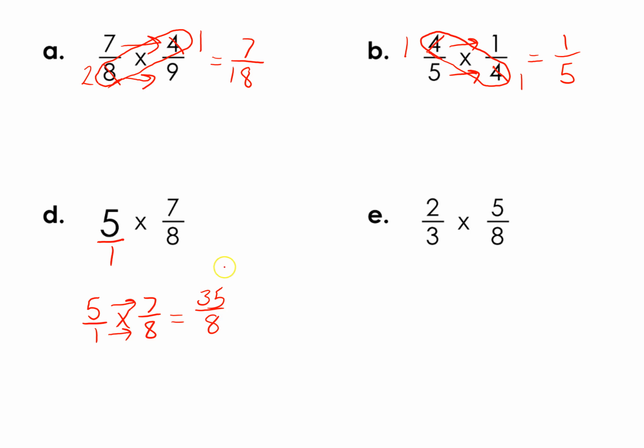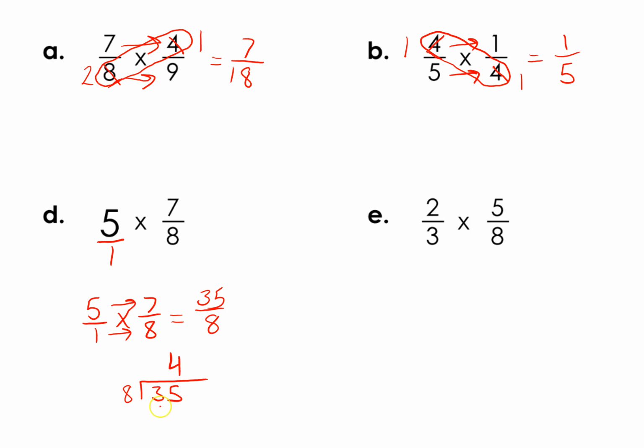Now, this is an improper fraction, though, so we have to remember how to change an improper fraction back to a mixed number. To do that, we divide the denominator 8 into the numerator 35. 8 goes into 35. 8, 16, 24, 32. So 4 times.